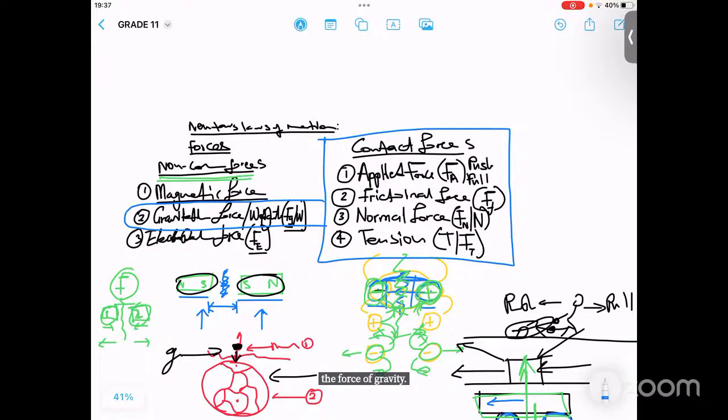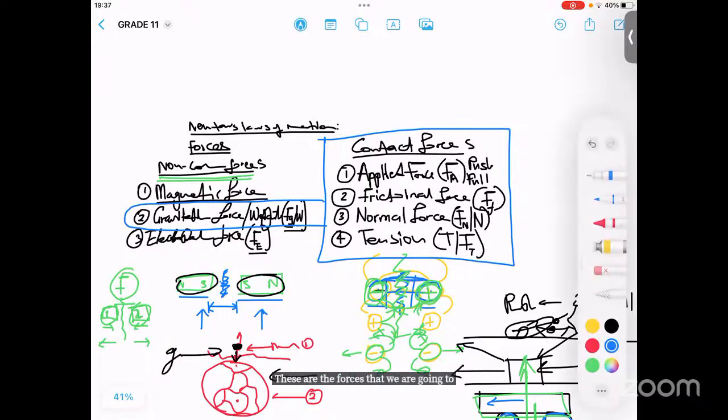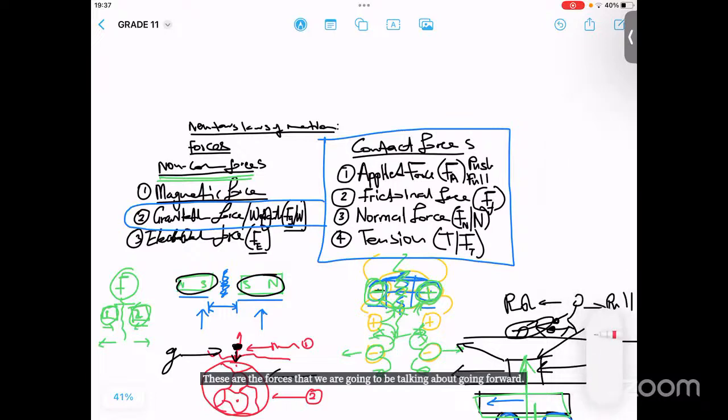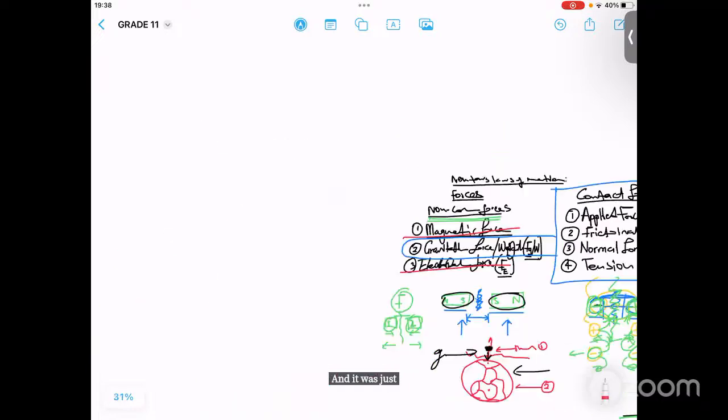These are the forces that we are going to be talking about going forward. The magnetic one and the electric one, we are not going to be talking about those. It was just to differentiate between the two.